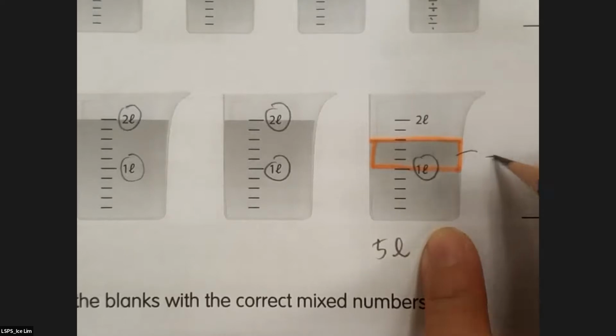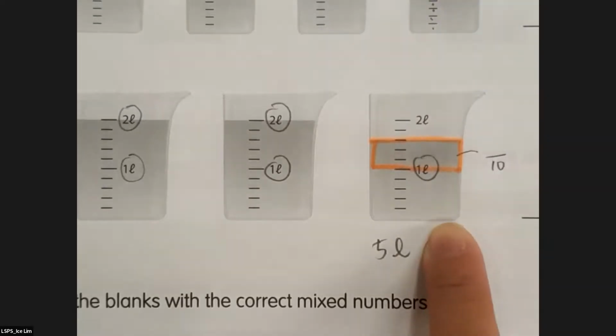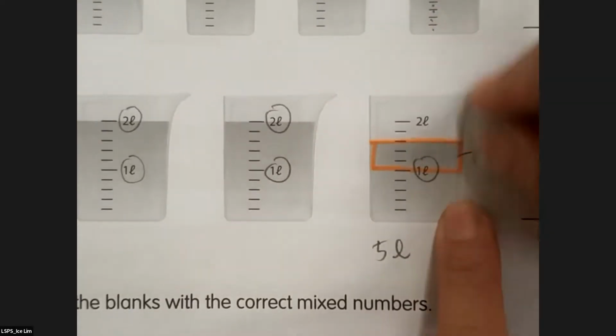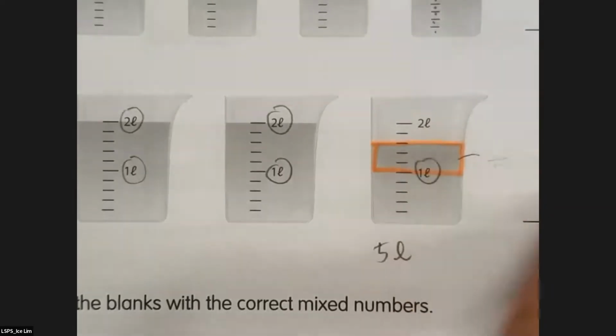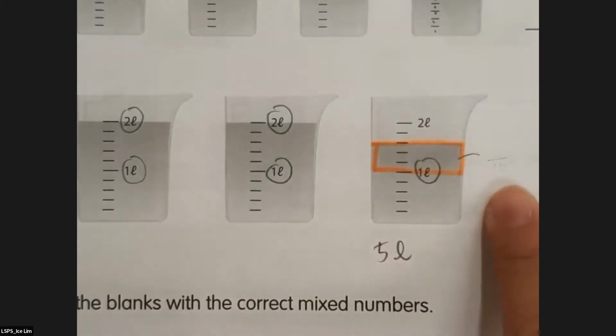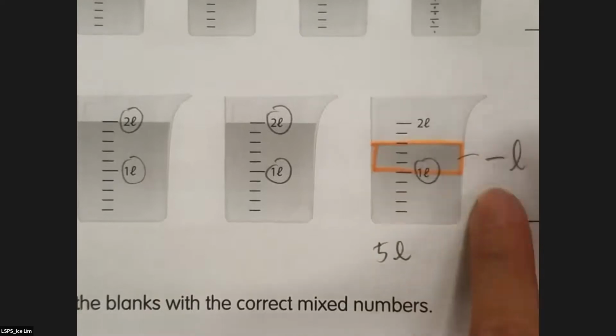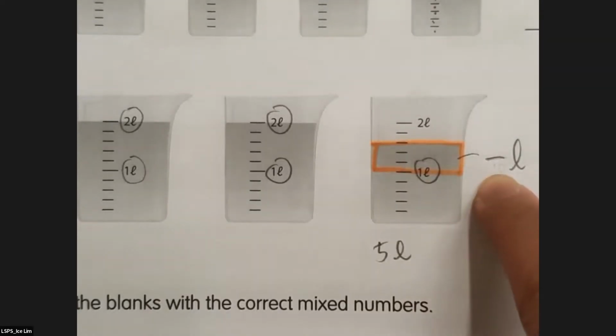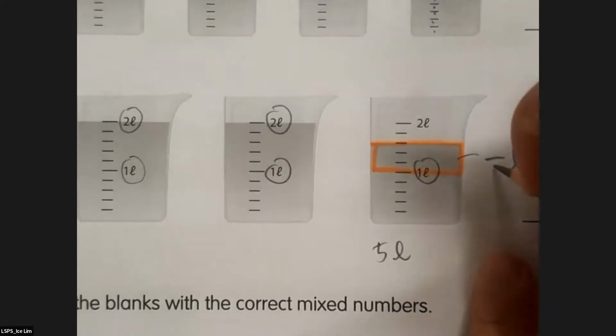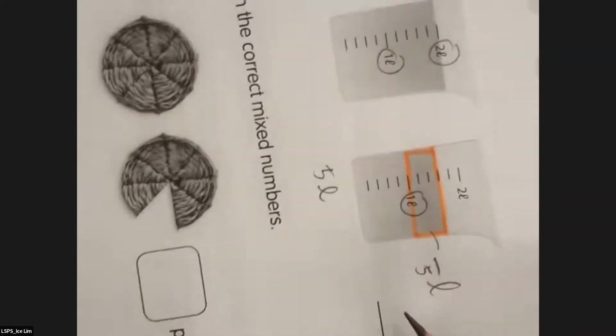Looking at the 1 liter now, the whole liter can be divided into how many parts? 5 parts. Very good. How do you know 5 parts? Count the spaces for the liter. 1, 2, 3, 4, 5.